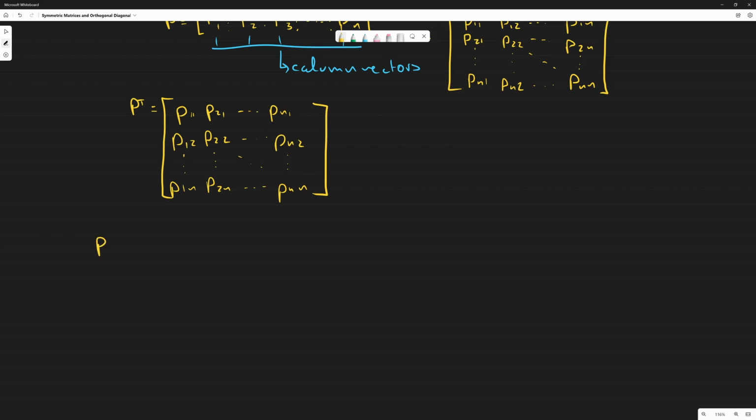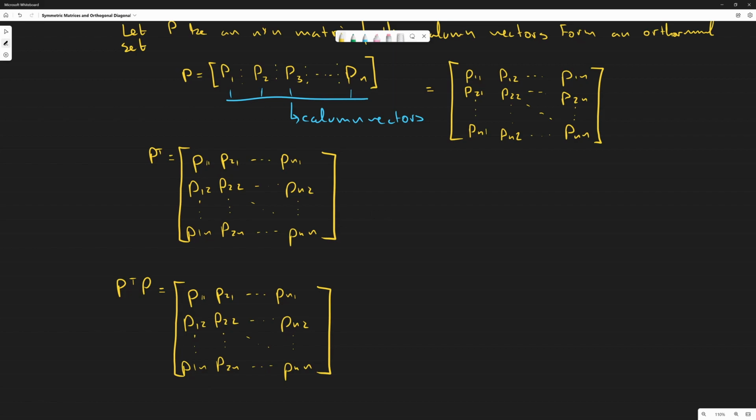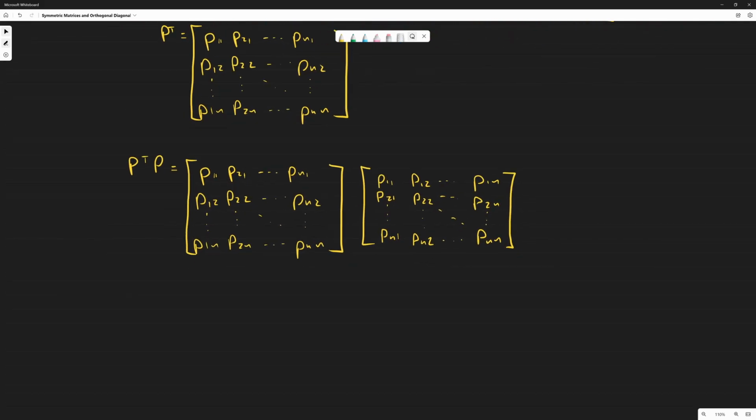So we have P transpose times P, so I'll paste the matrix we just calculated and then paste the original matrix. And we're going to multiply these two.